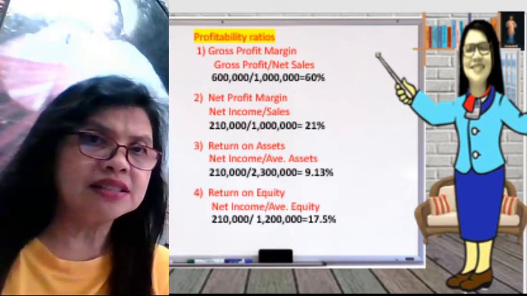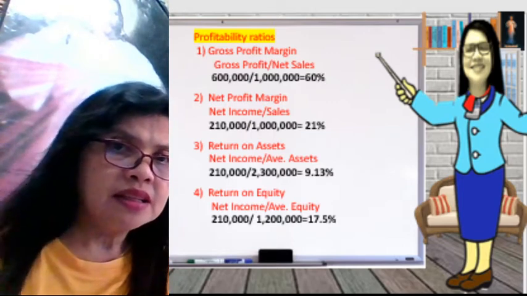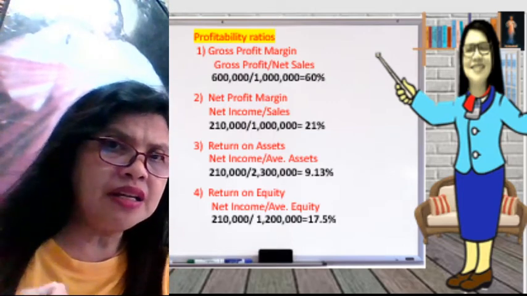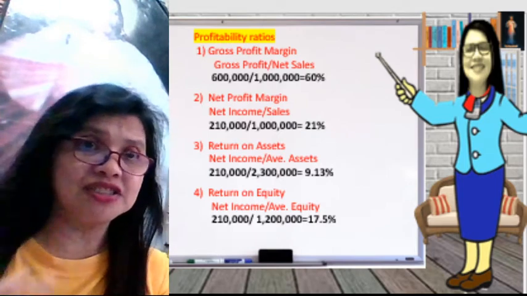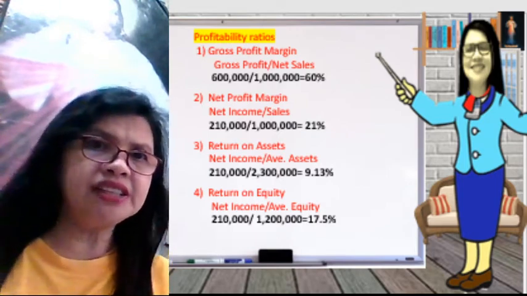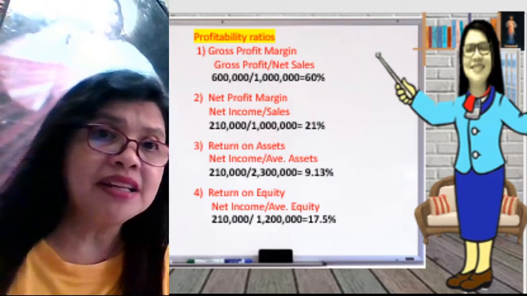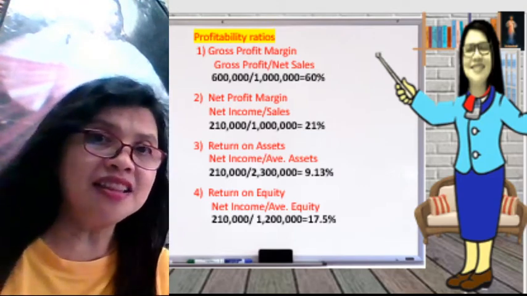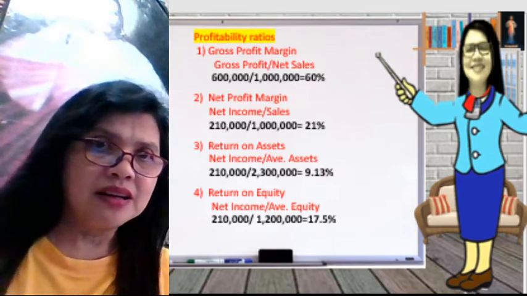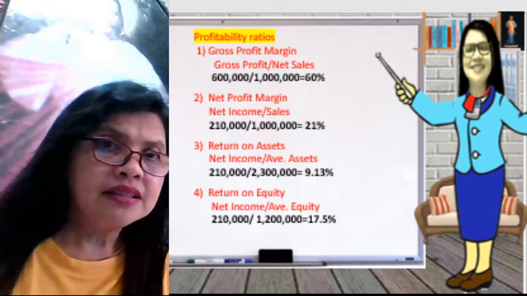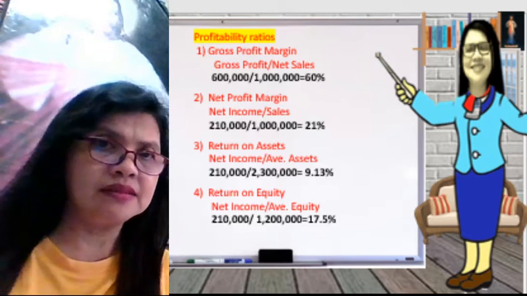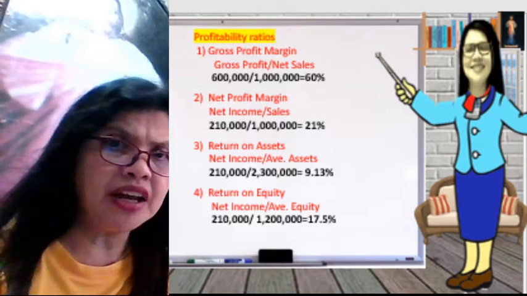That means your assets in the company generate income by 9.13%.